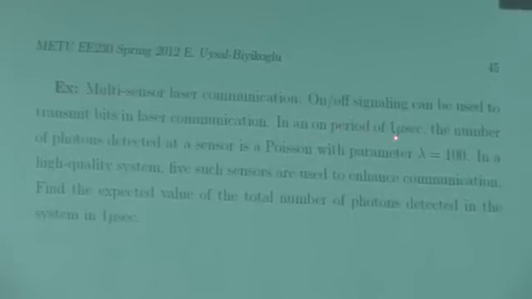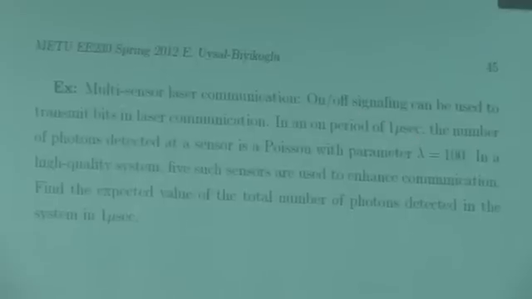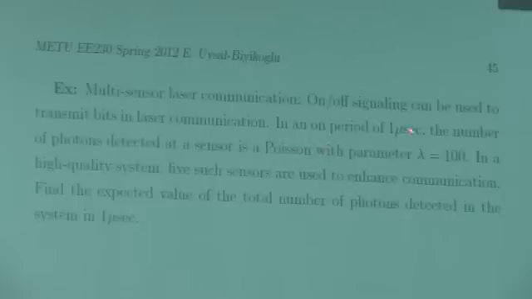In an on period of 1 microsecond, the number of photons detected at a sensor is a Poisson random variable with parameter lambda equals 100. So during an on period, the laser is operated and shines on the detector, but of course this is a complicated physical process. The actual number of photons is not a deterministic value.